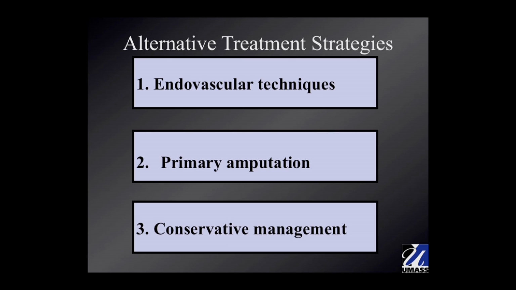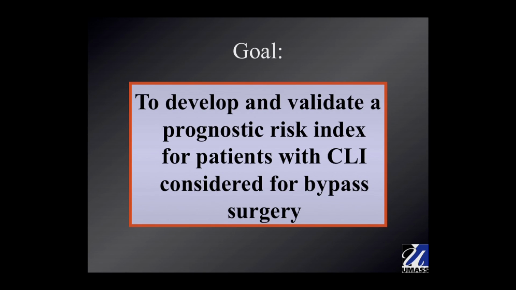Endovascular techniques, primary amputation, and conservative management. So how can we decide up front? So our goal was to develop and validate a prognostic risk index for patients with CLI that are being considered for one of these revascularization strategies.